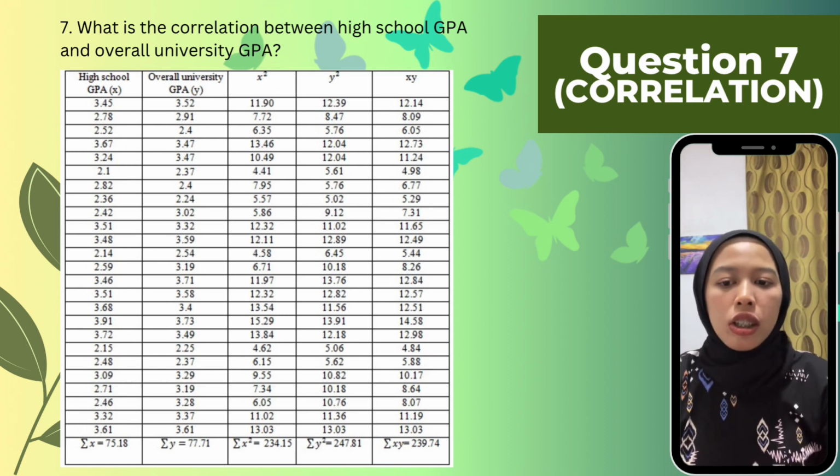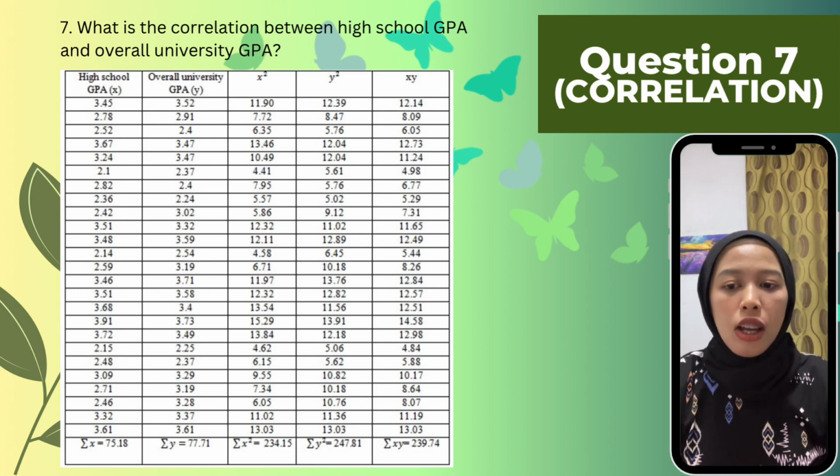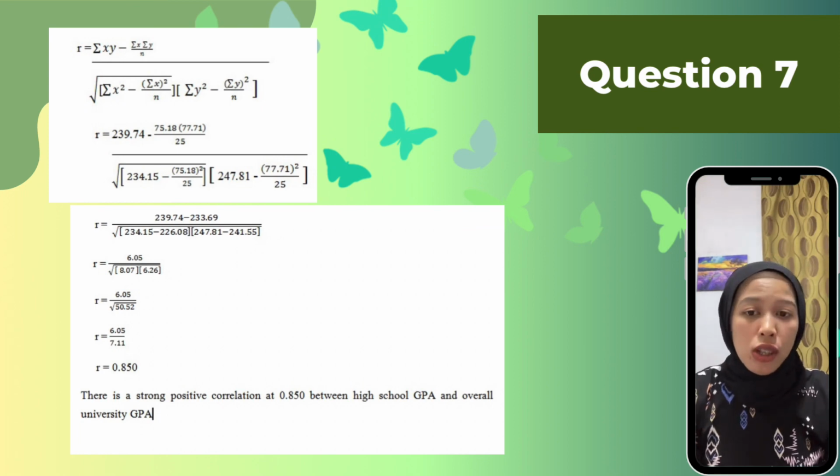The overall additional result of this XY has gotten a total of 239.74. Next, we calculate Pearson's correlation coefficient using the formula that has been given.